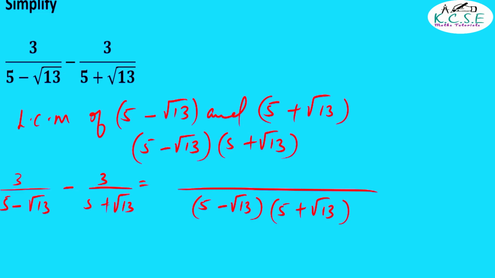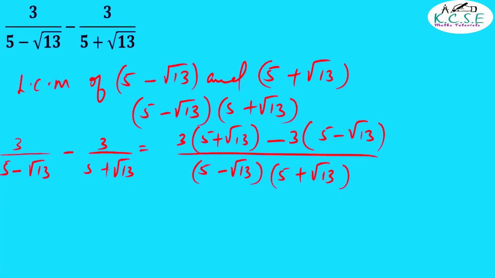Taking the whole of this LCM and dividing by 5 minus root 13, you get 3 multiplied by 5 plus root 13, subtract, taking the whole LCM and dividing by 5 plus root 13, you get 5 minus root 13.